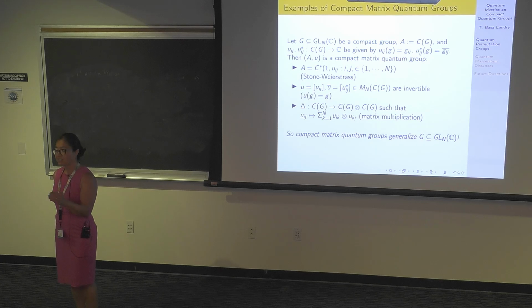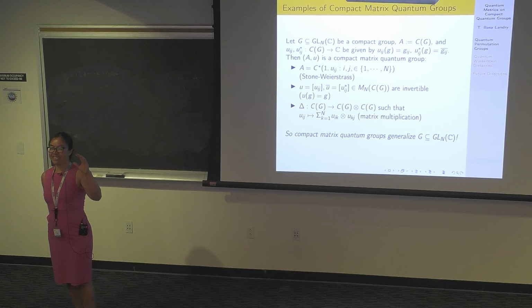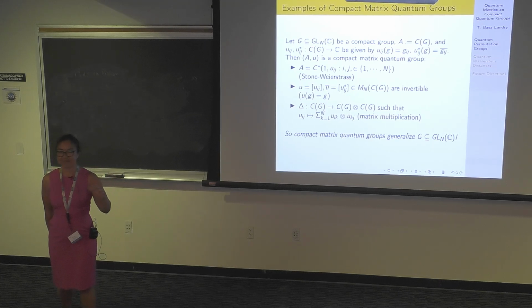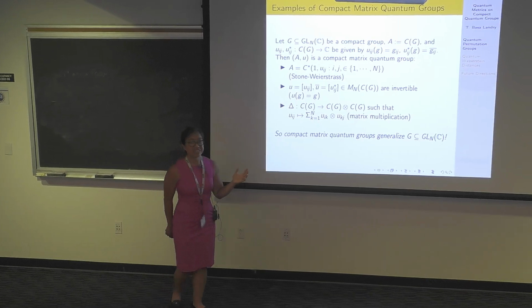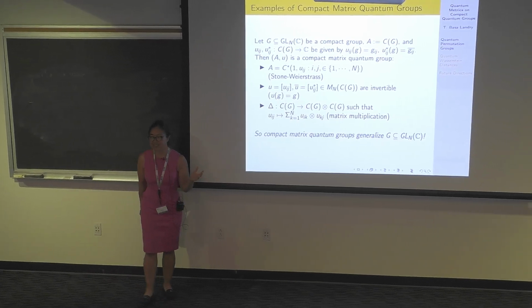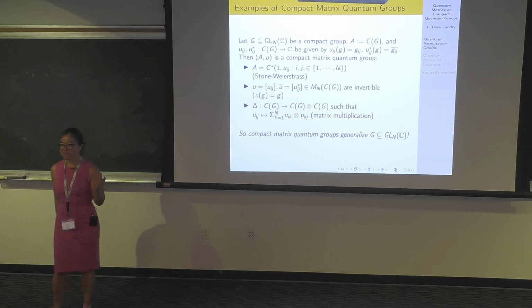And so then when it's non-commutative, by analogy, those are C of G for some quantum group. So we have this analogy between C of X and X compact Hausdorff, and then here we have C of G, with G being a compact matrix group.